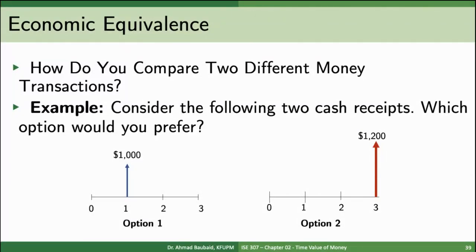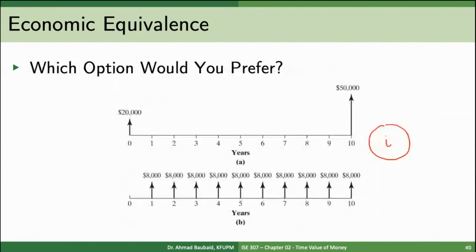If option 1 is $1,000 a year from now, and option 2 is $1,200 three years from now, which one would you choose? You can maybe already jump ahead and see how we're going to do this based on the tools we've developed together so far. That's the concept of economic equivalence.